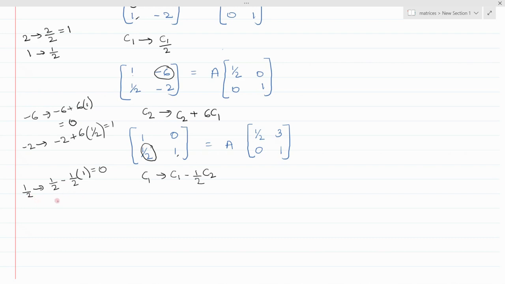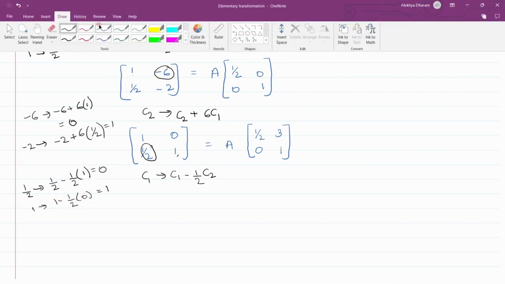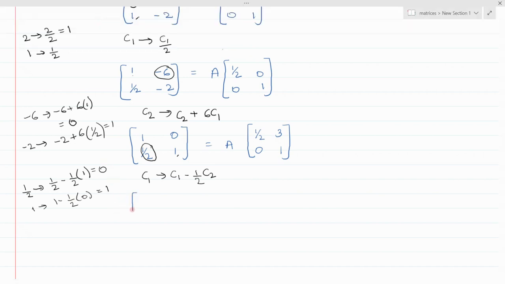And similarly, this column 1 element remains as it is. 1 minus half into 0, which is 1. Column 1 elements change to 1 and 0, and column 2 elements remain as they are, equal to A into this: half minus 3 by 2, that is minus 1. It remains the same, 3, and 0 minus half, that is minus half, and 1.